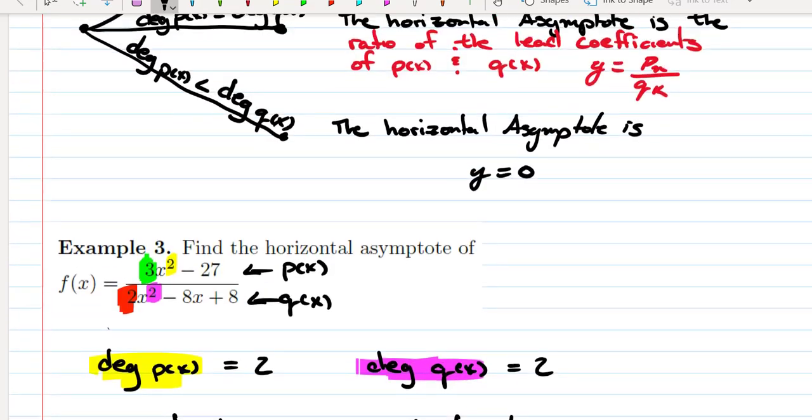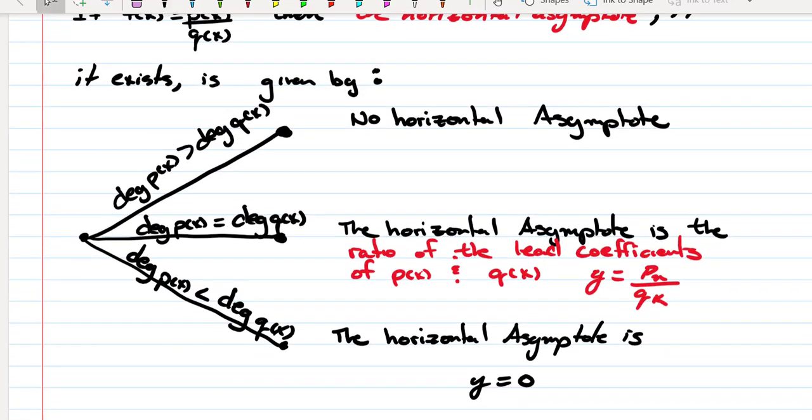So now let's go back to our little chart here. If the degree of p of x is bigger than the degree of q of x, this happens when there is no horizontal asymptote. So we can only have an oblique or a slant asymptote if there is no horizontal asymptote.